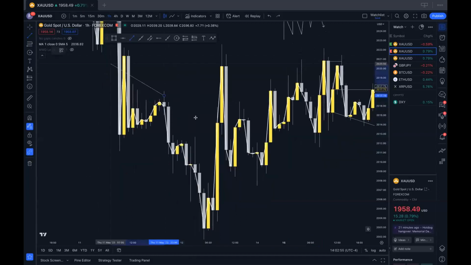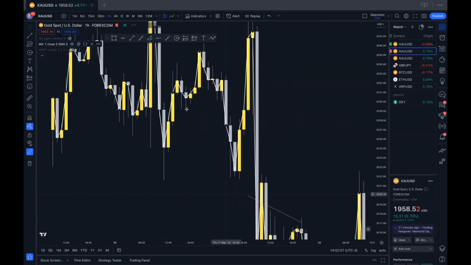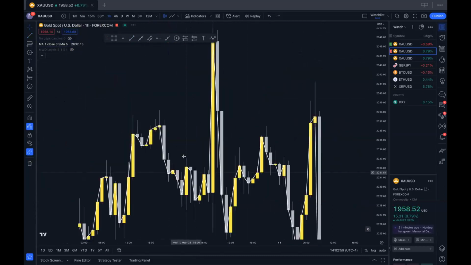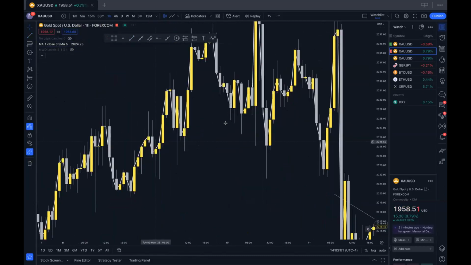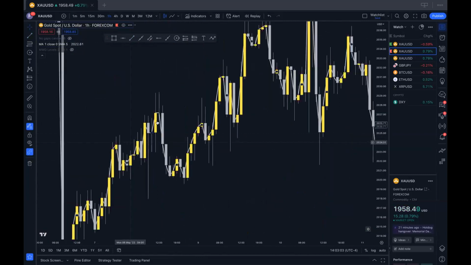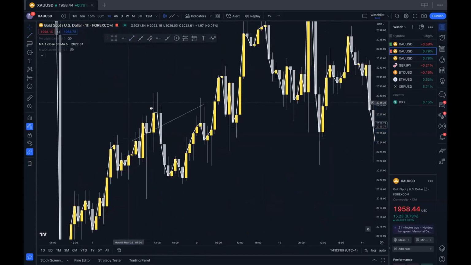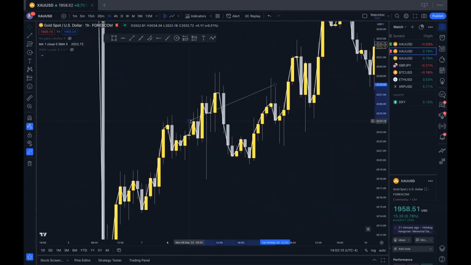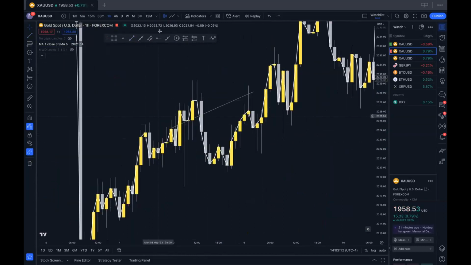All right, but let's go to 411. Yeah, that's the one. So you have resistance, support, resistance, support, resistance. Your SNR right here.